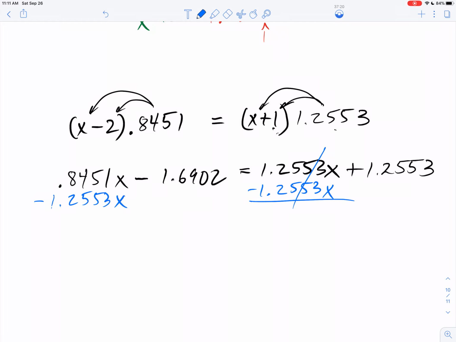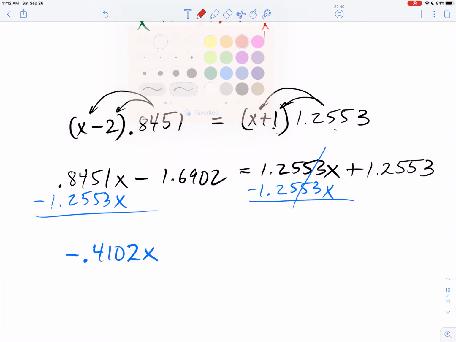I really don't want to make a mistake with these decimals, but guess what? That's really the hard part about doing this. So I have 0.8451 take away 1.2553 x's, and I get a grand total here of negative 0.4102 x. That's what I get when I move the x's to one side.